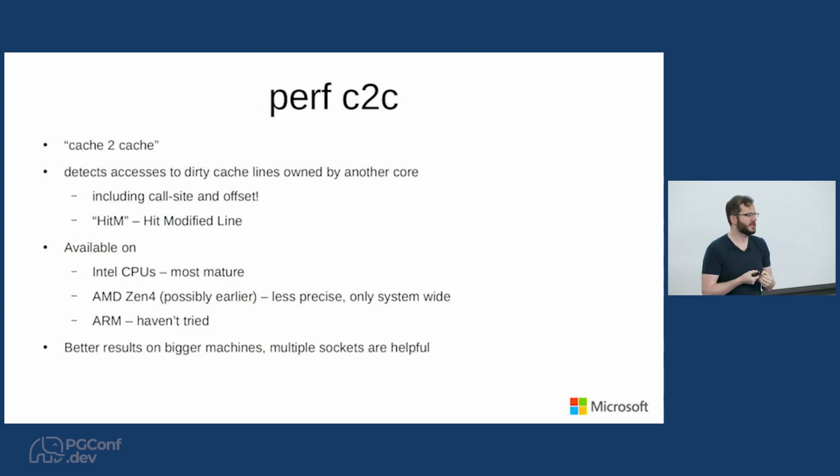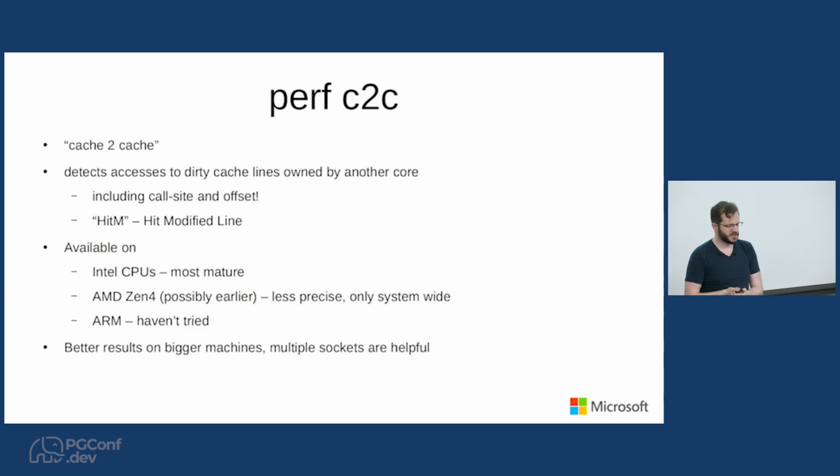That's a very strong indicator that some other backend is also writing to it, and that indicates you have some form of contention. It might be legitimate contention, or it might be that you did something stupid like not aligning your data properly. Accessing data in another cache that's modified is called hitting a modified line.